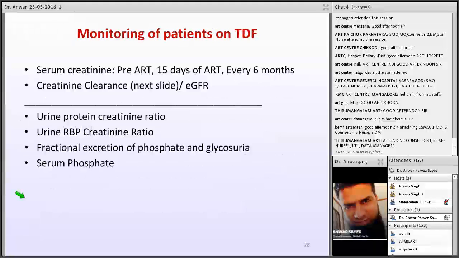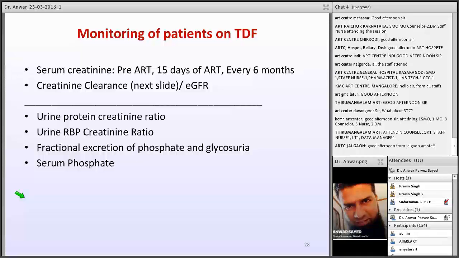So how to monitor such patients whom we initiate on TDF? What our guidelines say is monitor serum creatinine. That is, pre-ART we see serum creatinine, then we see after 15 days, and then every 6 months. And based on serum creatinine, we calculate creatinine clearance, that we'll see shortly.